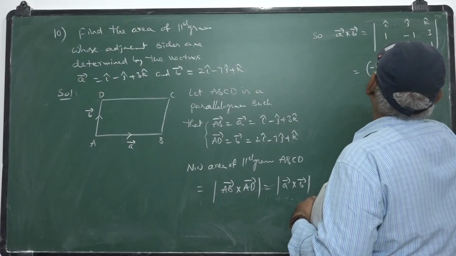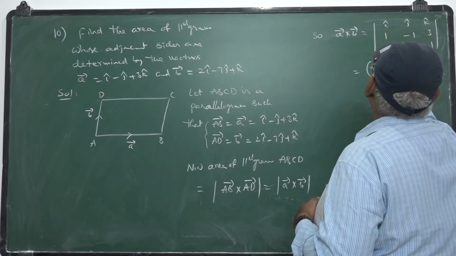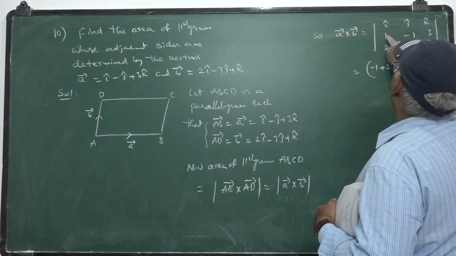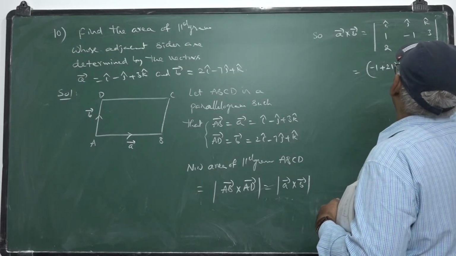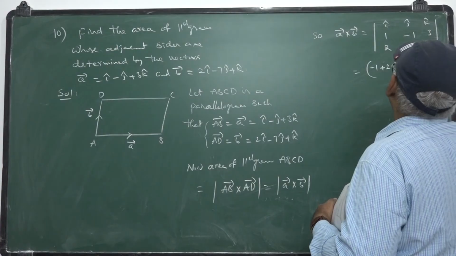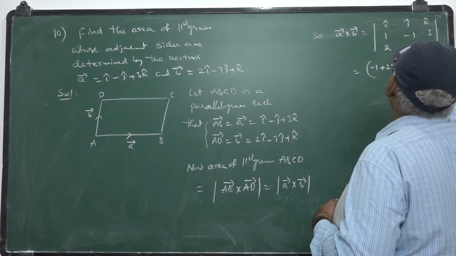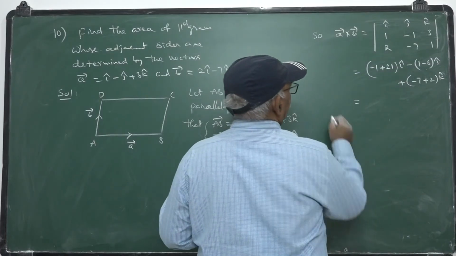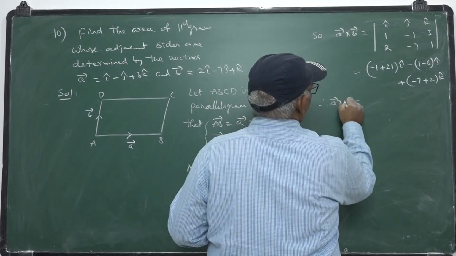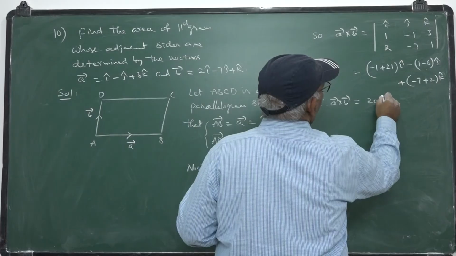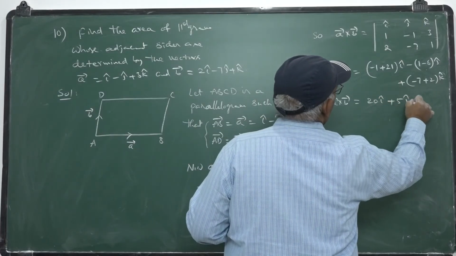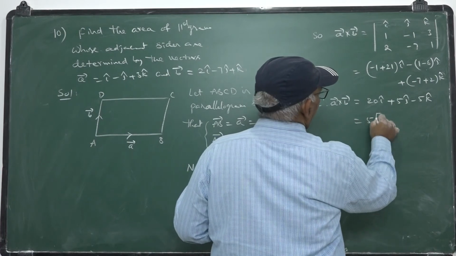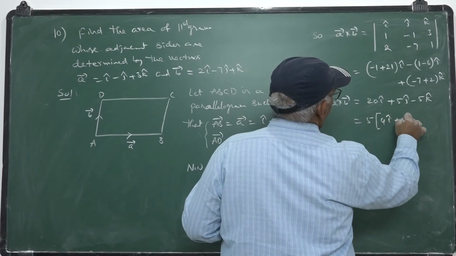That is minus 1 plus 21 i on evaluation of the determinant, minus of 1 minus 6 j, this is minus 7 plus 2 k. On evaluation of the determinant, the vector a bar cross b bar is 20i plus 5j minus 5k itself. I can take 5 as common, so 4i plus j minus k.